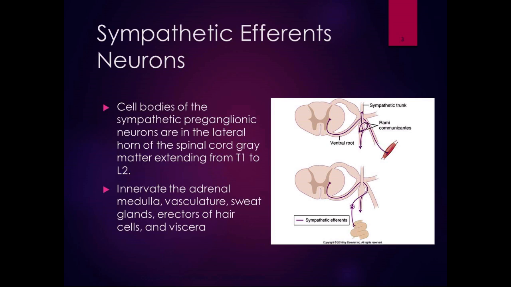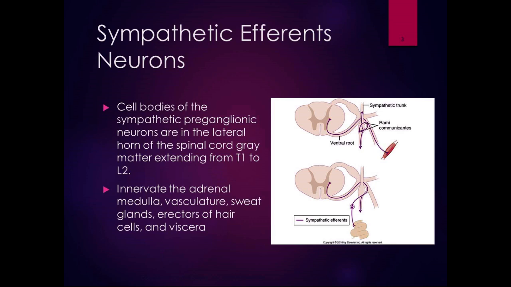The sympathetic efferents, they innervate the adrenal medulla, which produces norepinephrine and epinephrine. They innervate the vasculature, sweat glands, erectors of hair cells, and viscera. So all of those are obviously involved in maintaining circulation and body temperature.